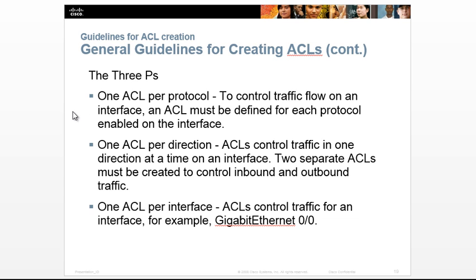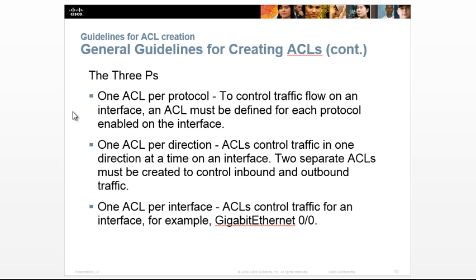They give you this list called the 3 Ps for creating access control lists. In their example here, they say one ACL per protocol. To control traffic flow on an interface, an ACL must be defined for each protocol enabled on the interface. Then they say one per direction.